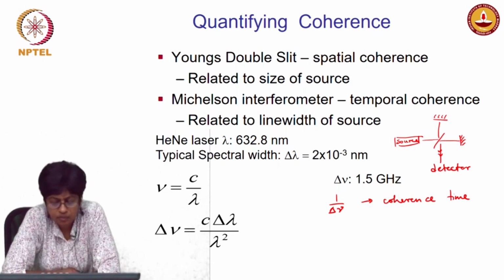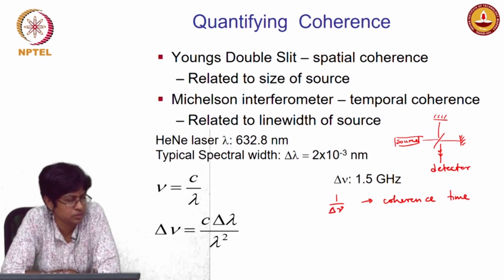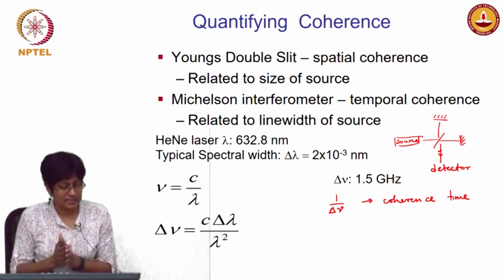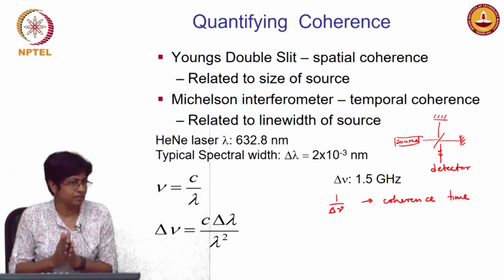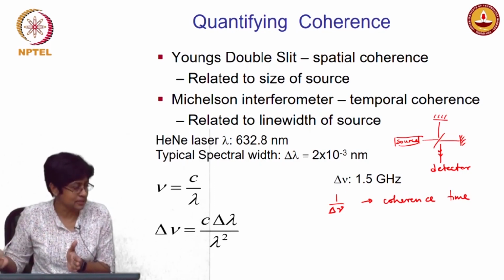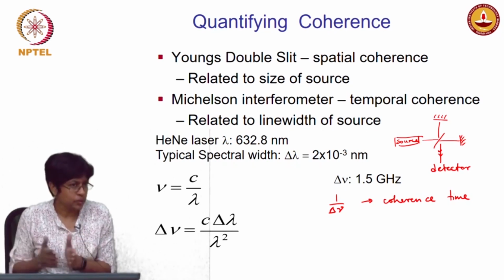So how do I study time in this interferometer? Exactly. I'm going to study time by letting one beam travel one distance, and letting another beam travel another distance. It takes a different path. That means it's traveled over a different time, and then I'm looking at the interference.